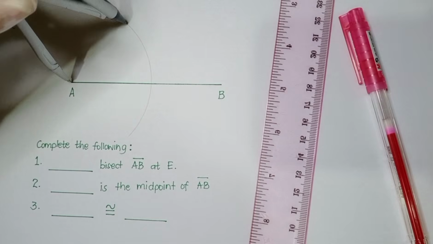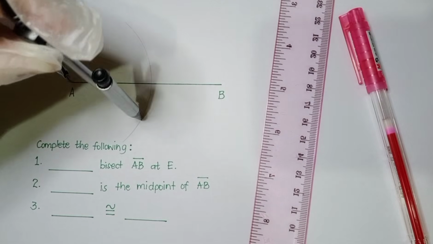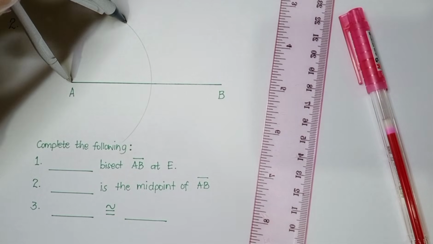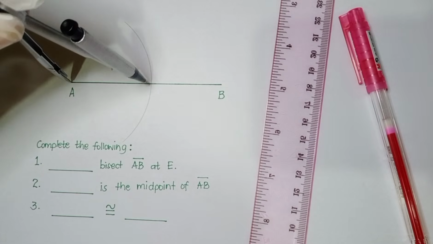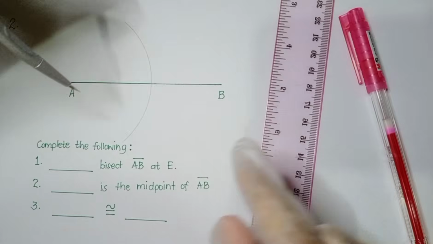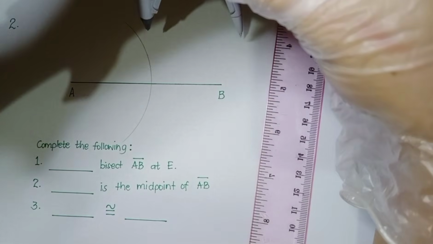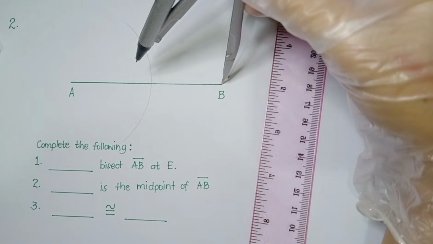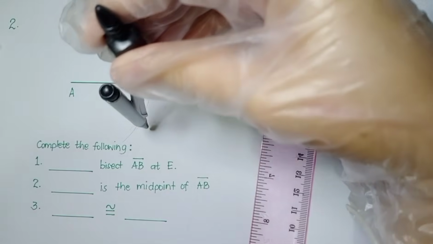So, let us form the arc. Okay, now, so since ito yung radius na ginamit ninyo dito, so yun din po ang gagamitin natin sa kabila. Make sure na hindi po siya gagalaw.